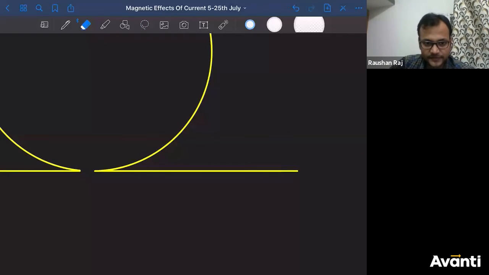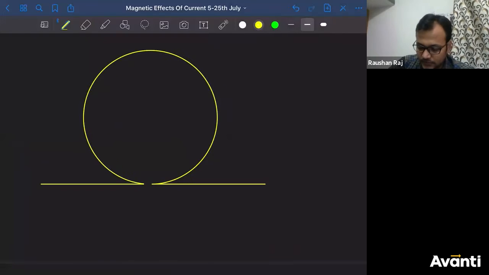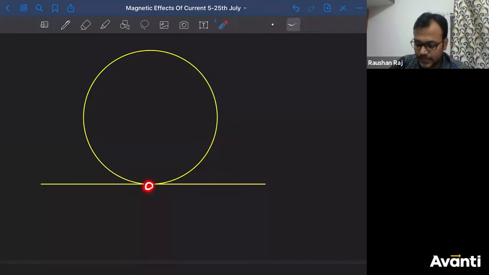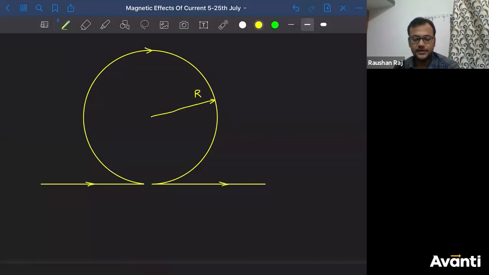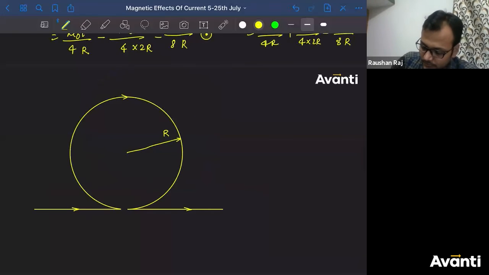Consider this space is very, very small. Current will come here, will come out of here, come out of here. All right. This is the center. Radius of this is capital R. Radius of this is capital R. Then again, point O. Find B at O.